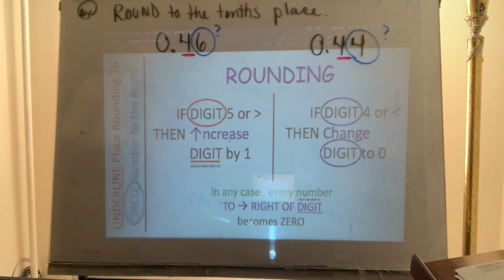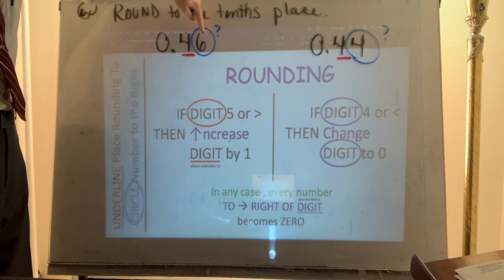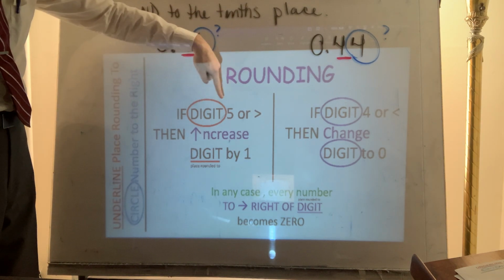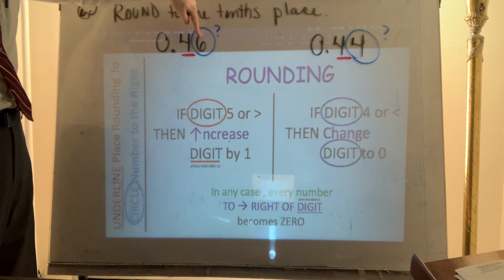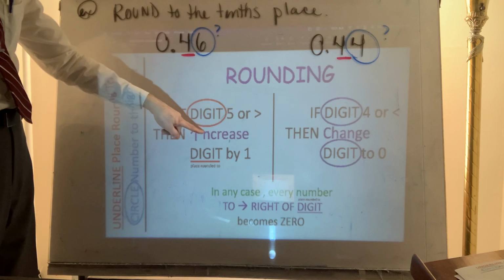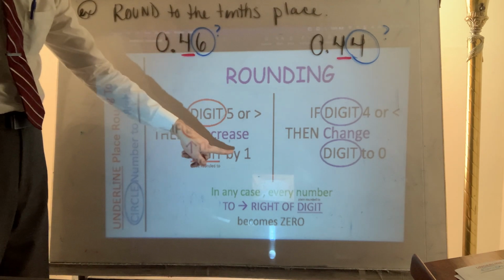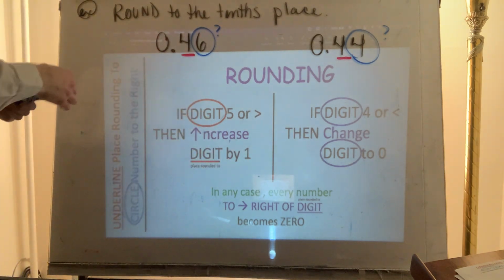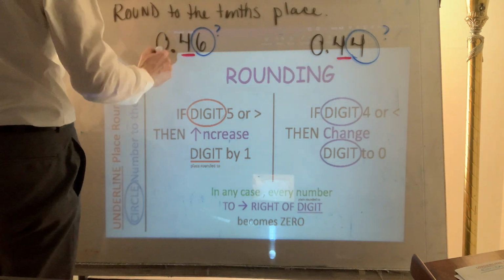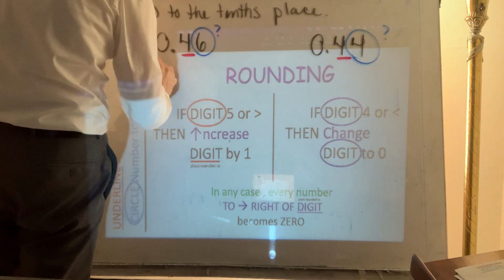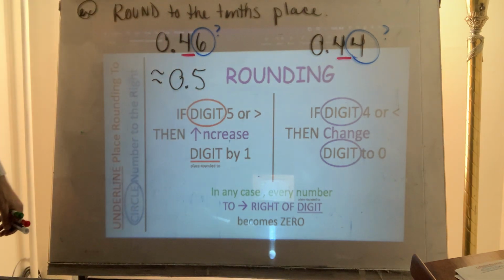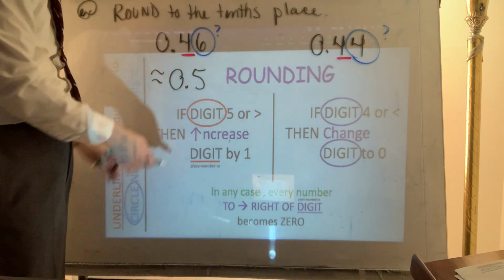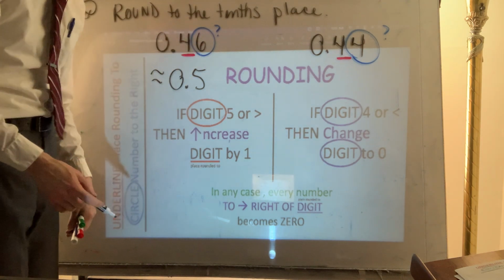All right? Now, based upon this circled number, if the circled digit is 5 or greater, and this is the number 6 sitting here, then what am I going to do? I'm going to increase the underlined digit by the amount of 1. That means that the result here is about equal to 0.5. Now you might say, well, this is now only 2 digits wide versus before it was 3 digits wide.